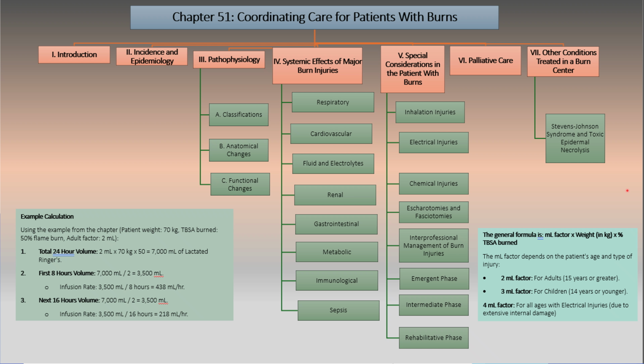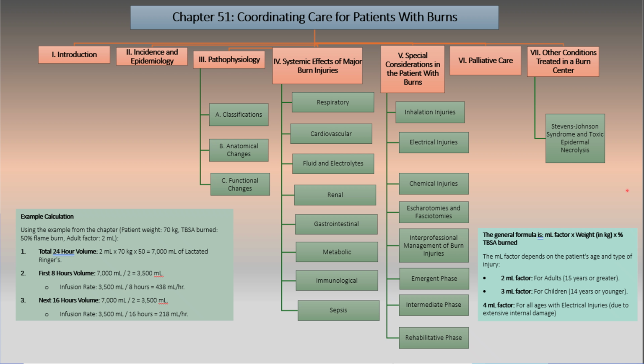Next, a deep partial thickness burn involves not only the epidermis and superficial layers of the dermis, but also extends into the lower layers of the dermis. The skin appears waxy and the patient might experience both pain and loss of sensation in the damaged area.